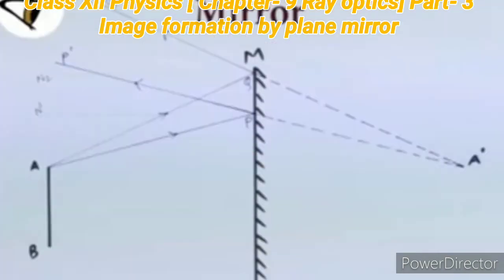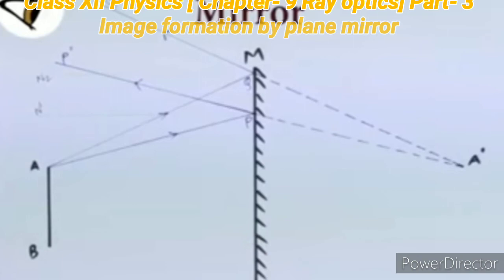When we place our eyes between Q dash and P dash and look at the mirror, the image appears to be at a point behind the mirror. Let's call this image point A dash. Point A dash is formed only when the reflected rays PP dash and QQ dash are produced backward and meet behind the mirror.